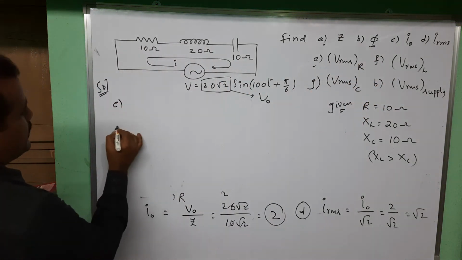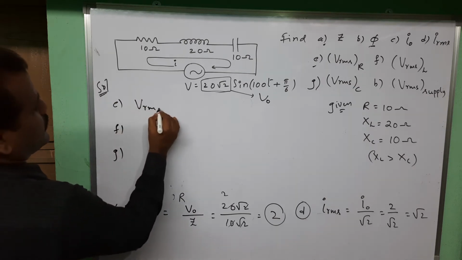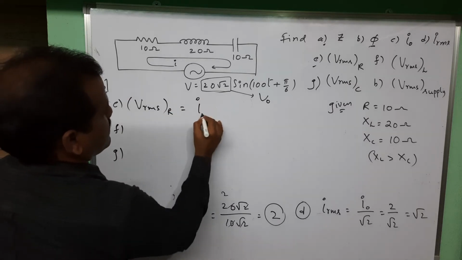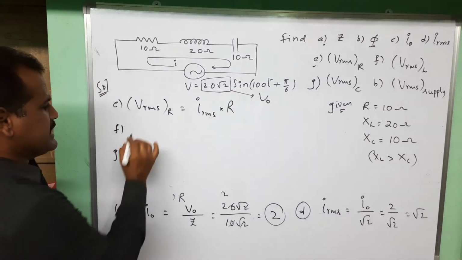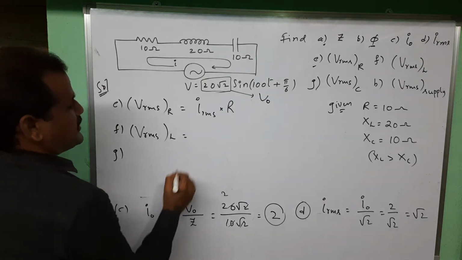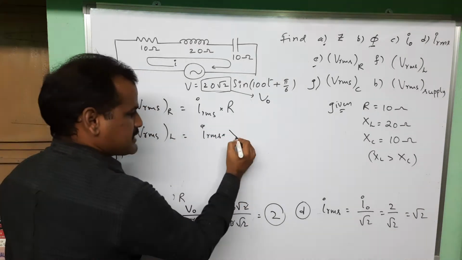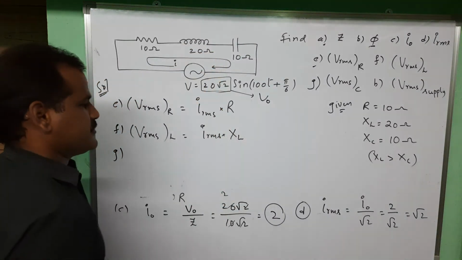So E, F, G. That means the RMS value of voltage across resistance is IRMS into the resistance value. Similarly, the RMS value of the voltage across the inductor is IRMS into XL, the inductive reactance.